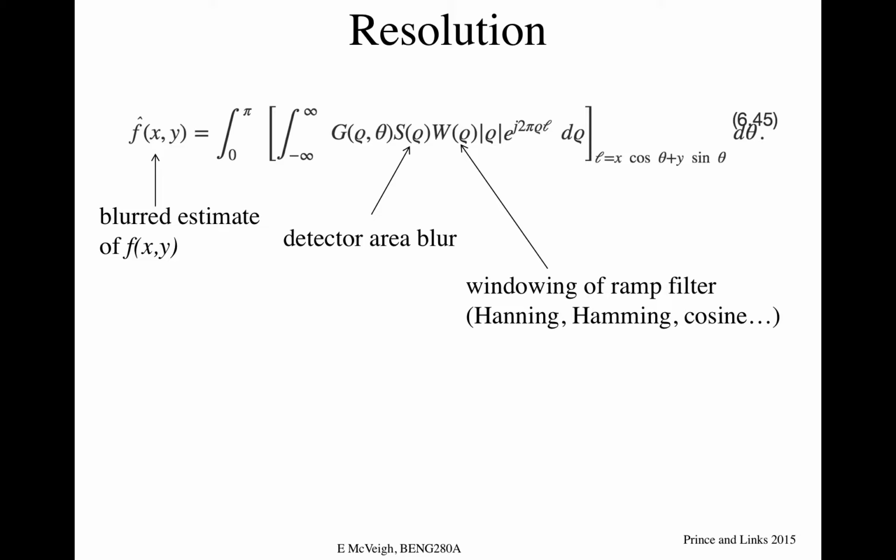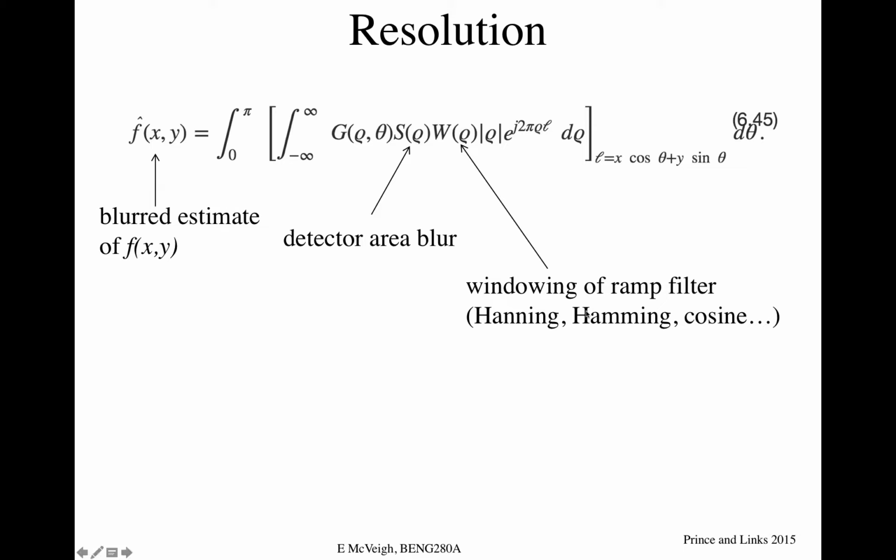Okay, so we talked about resolution and the line spread function and point spread function. Now that we have an understanding of what's going on in Fourier space when we're doing CT, we can start thinking about the resolution of our imaging system by looking at the transformation from Fourier space.